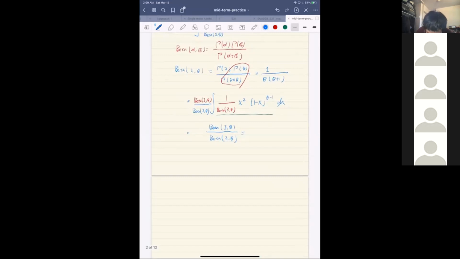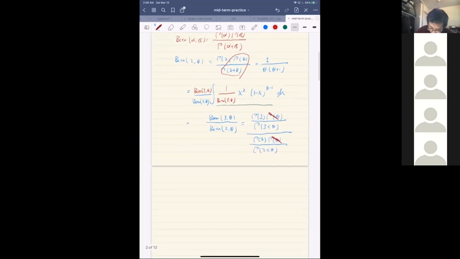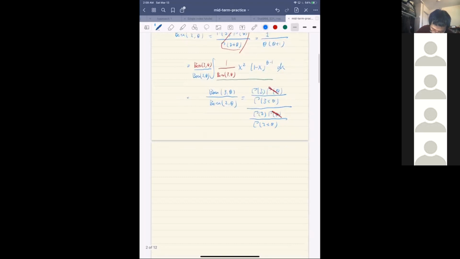We plug in the definition, that will be Gamma(3)Gamma(theta) over Gamma(3 plus theta) times Gamma(2 plus theta) over Gamma(2)Gamma(theta). We can cancel, and this one will be 2 and this one will be 1.